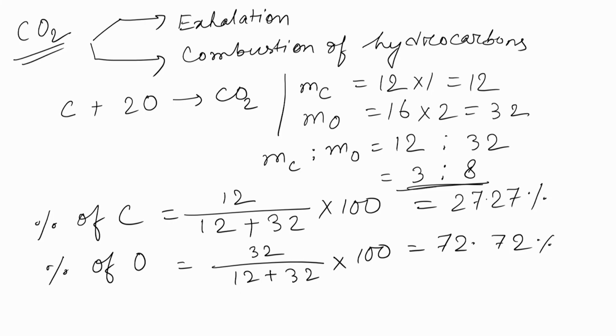Or we can say this is 27%, this is 73%. So this is the percentage composition of carbon dioxide. We will discuss further about the law of definite proportions in the next lecture. Thank you.